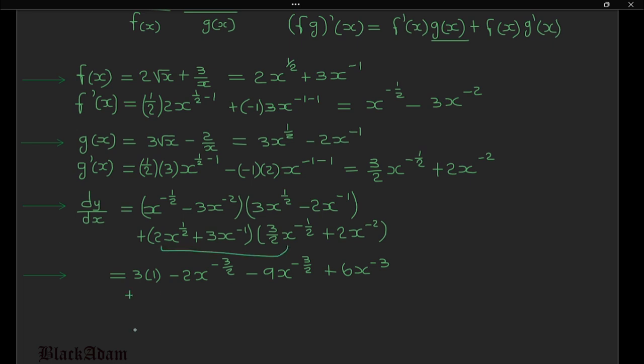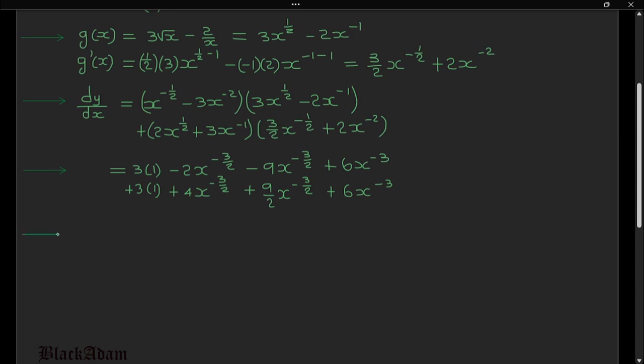And we come into the second row, that times that cancels out, so we have 3, and then that times that is giving us 4x to the power negative 3 over 2, and that times that gives us 9, which is positive 9 over 2 x to the power negative 3 over 2, and then that times that is going to give us positive 6x to the power negative 2.